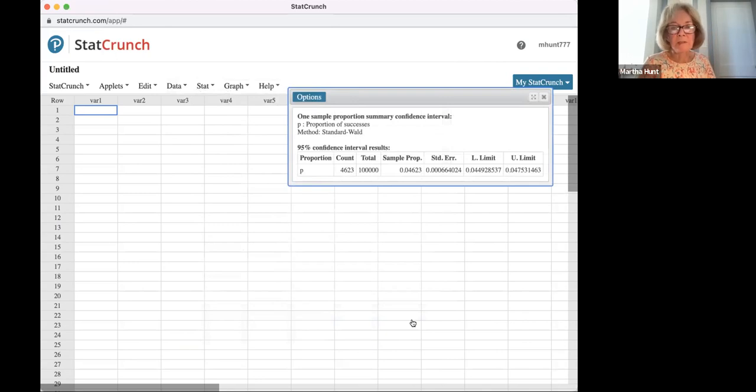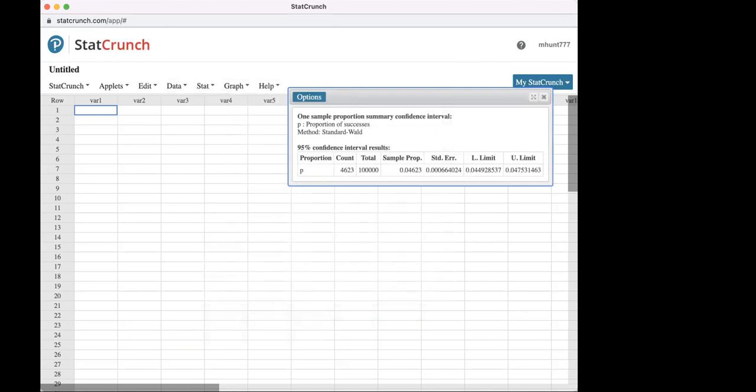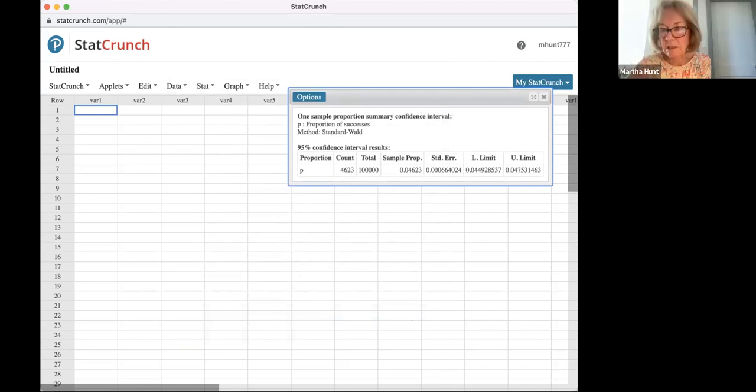It seems like it's still in your window. Yes, we can see it. Okay, so we're looking at 0.0449, 0.04753.